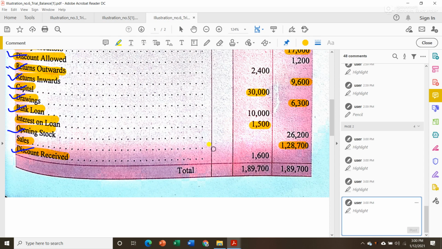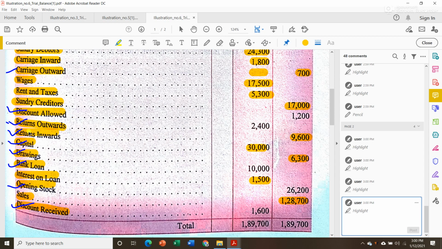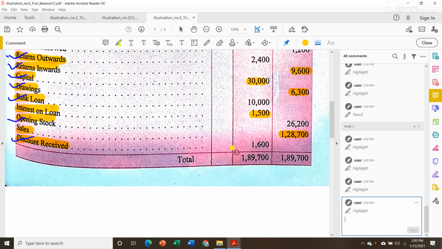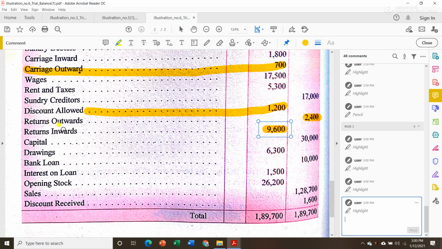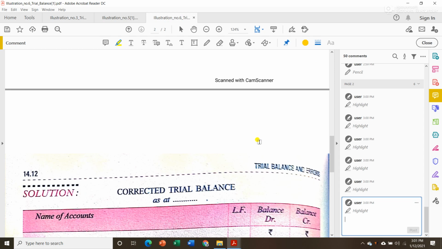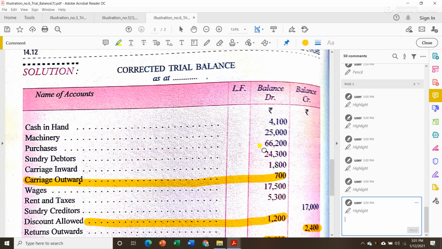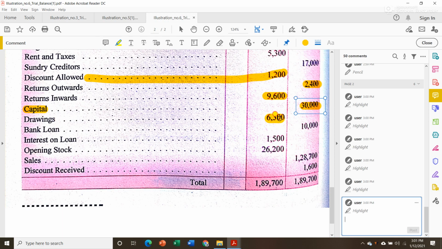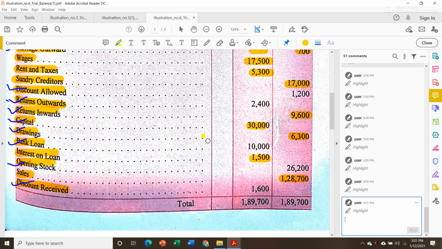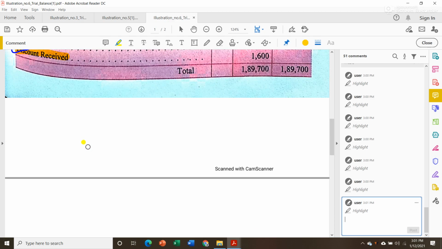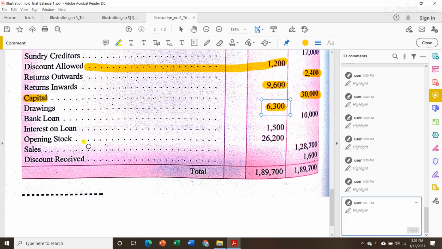The next mistake we found was capital. It should be in the credit side. So next mistake, capital, it should be in the credit side. Then next mistake, drawings, it should be in the debit side. So drawings, debit side. The next, bank loan, it should be in the liability, credit side, sorry.